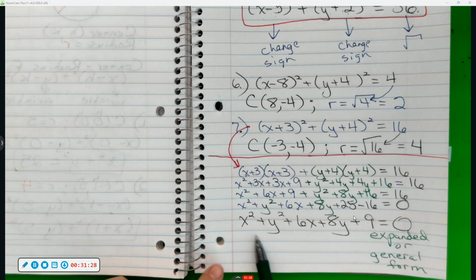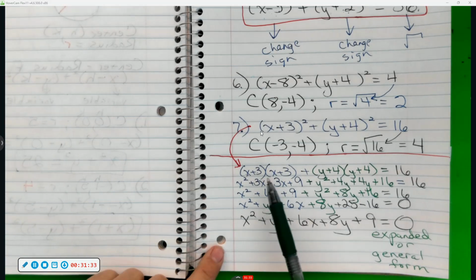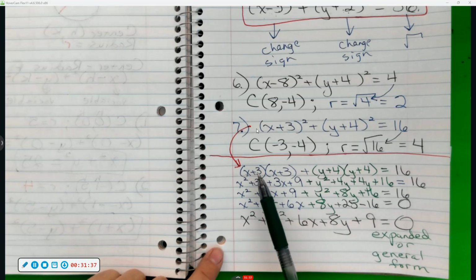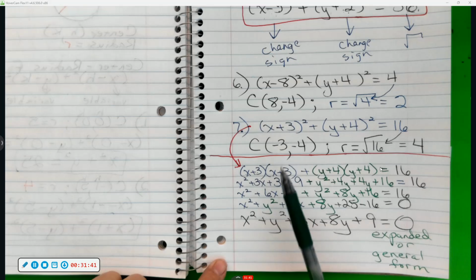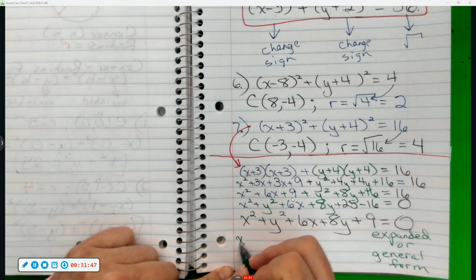We're going to have to take this expanded form and create a center radius form using something that'll factor as a binomial squared. That's called a perfect square trinomial. X squared plus 6x plus 9.